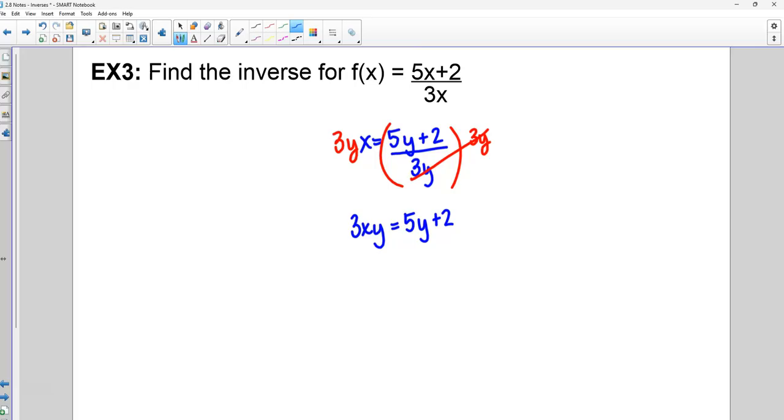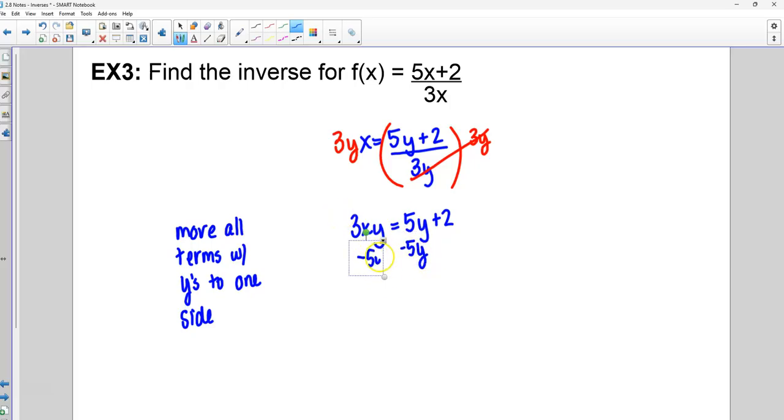But what you want to do here is move all terms with y's to one side. In this case, I don't have any terms that don't have y's on that left side, but if you had any, you would move them over to the other side.